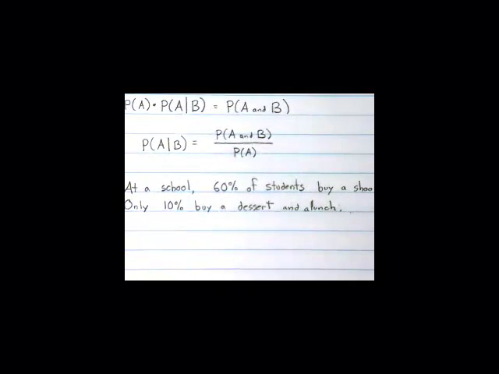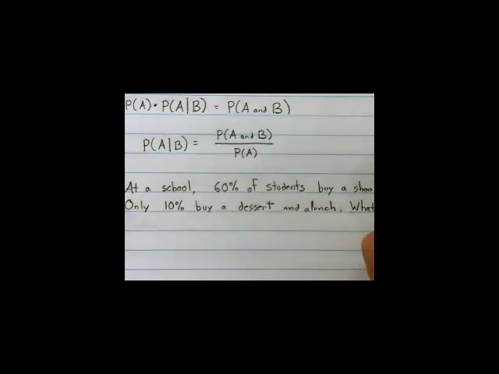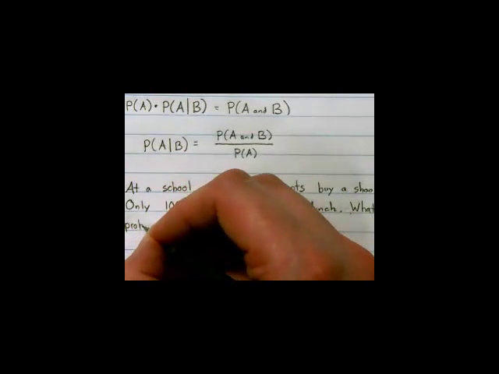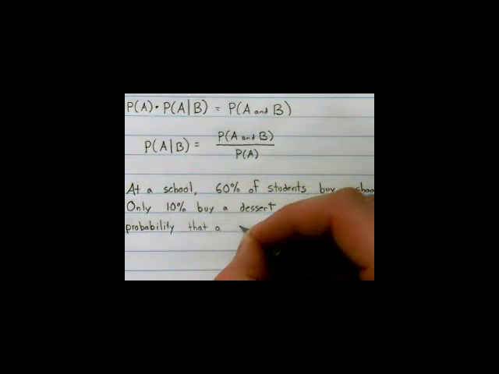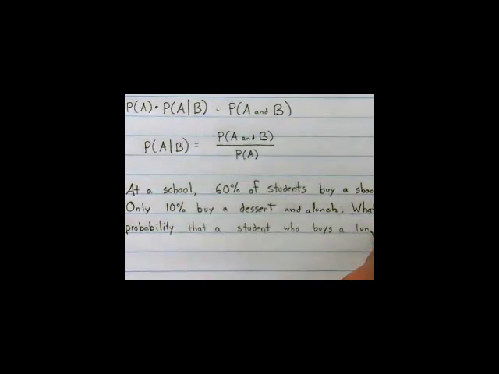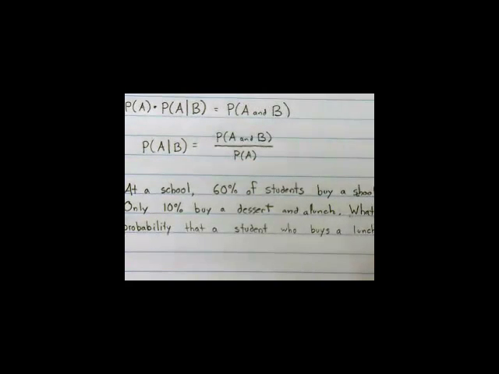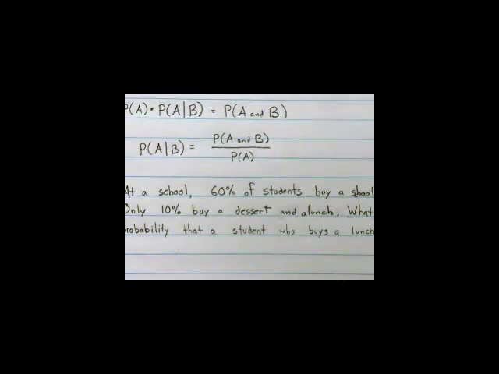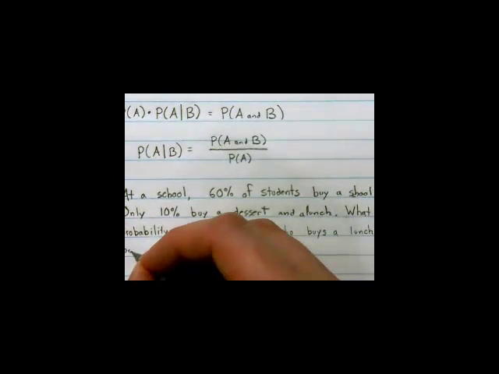So we want to know what is the probability that a student who buys lunch also buys a dessert?